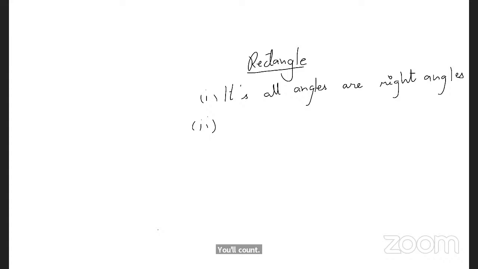All angles are right angles. Then all sides are equal and parallel. All angles are equal.